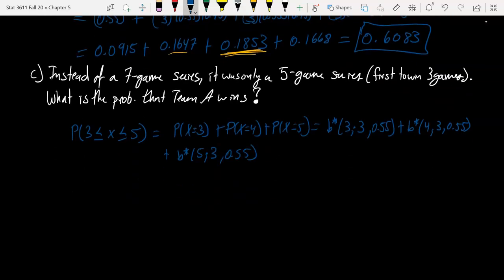And we can run those numbers, get those combinations and multiply everything out and add it together. Probability that X is equal to 3, you should get 0.1664 here. Probability that X is equal to 4, you should get 0.2246. And the probability that it takes a 5-game series is 0.2021. So we add those together, and this is 0.5931.